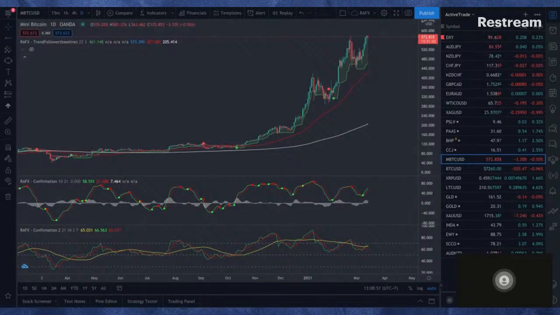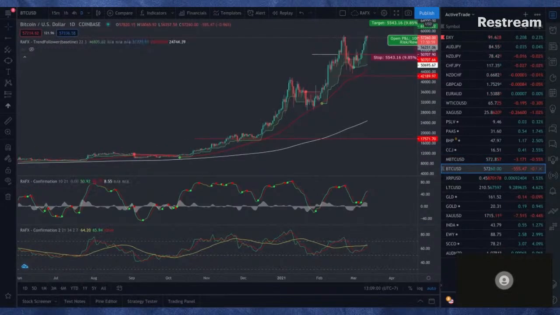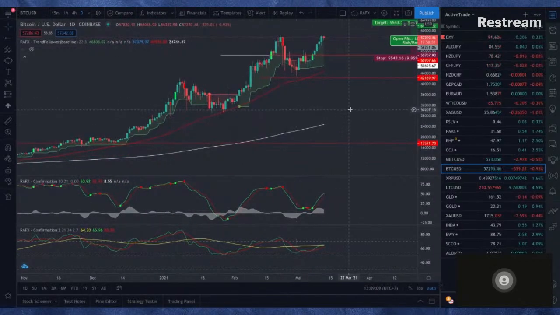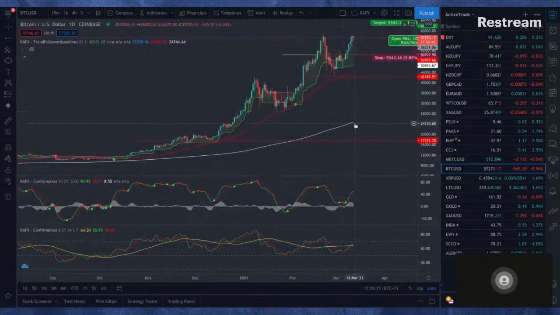So same with its main, which is the Bitcoin itself. I also have a position here. I just hold that position because the price is still in an uptrend. So this position in Bitcoin is in another broker.